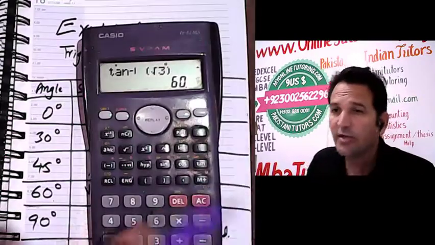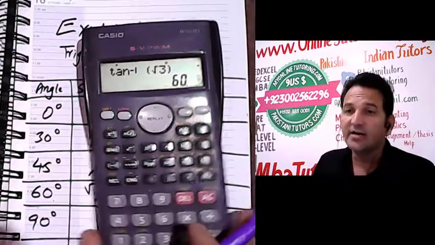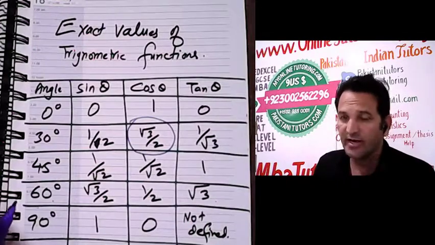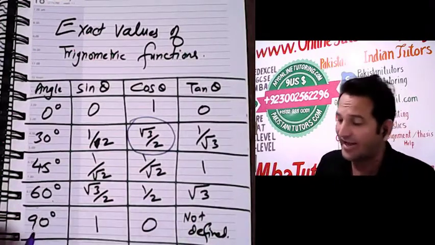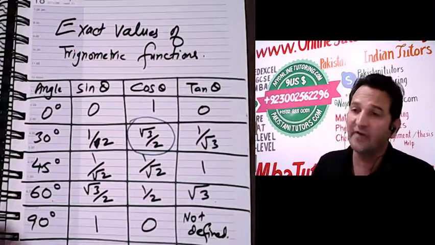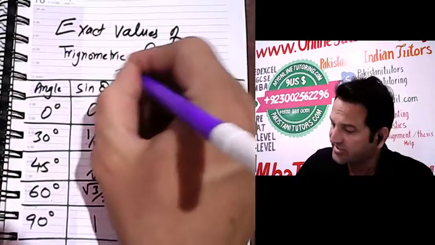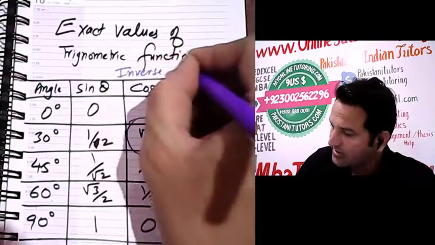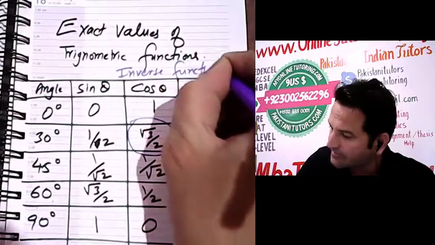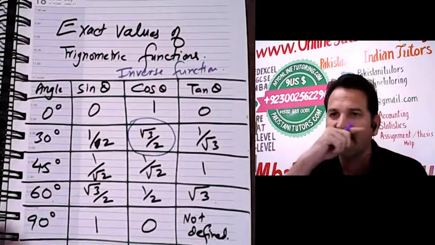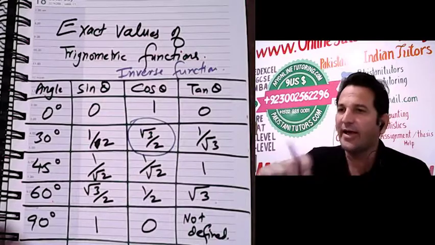That's how you can use the calculator to calculate the values. Whenever you have a value and you want to find out the angle, the inverse function will be used in the calculator to find out the degrees from any given value.